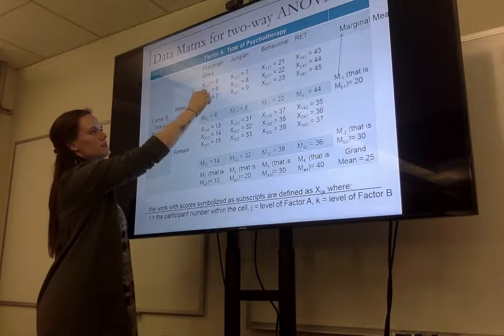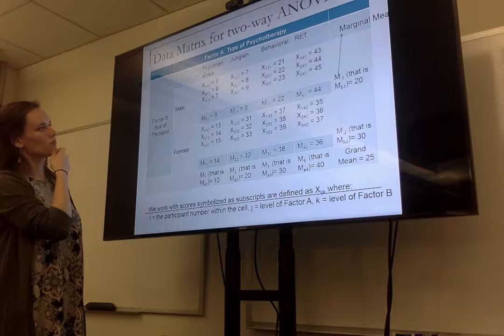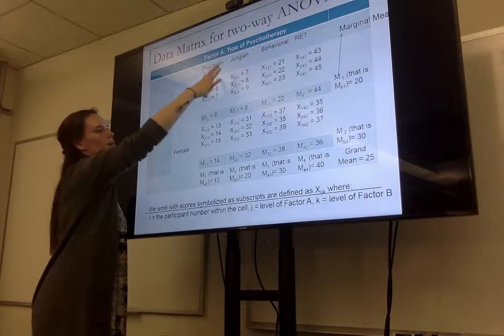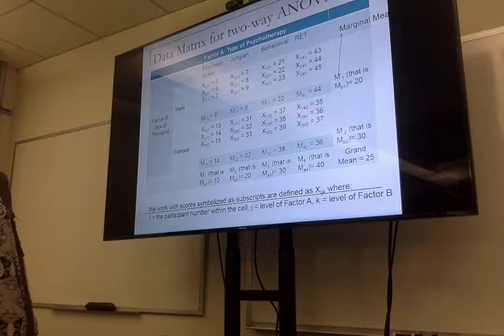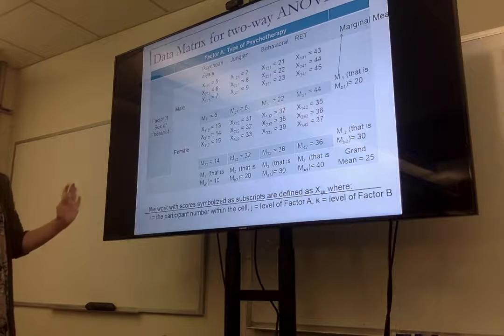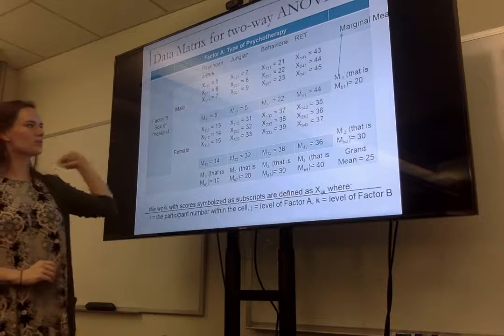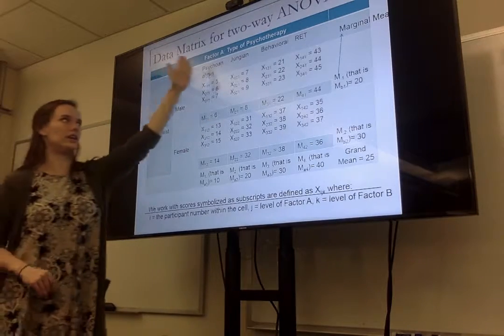Yeah, so these are the different participants, I think. Oh shit. Okay, I think you're right. It was pointing to the M in each box as the cell mean. Okay, cool.